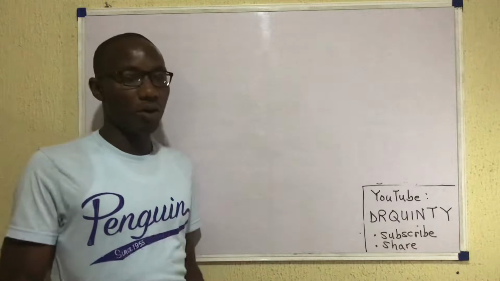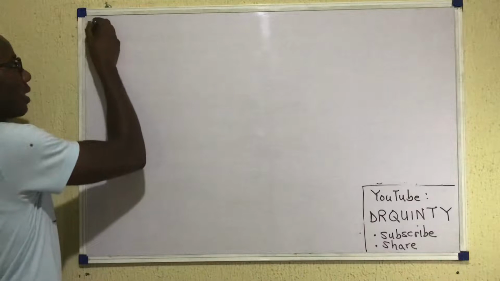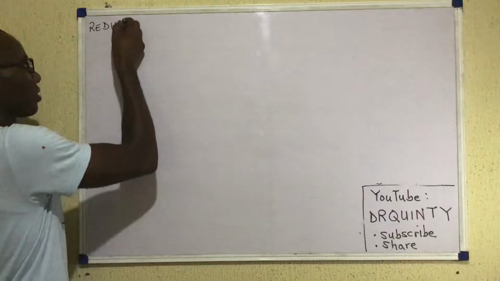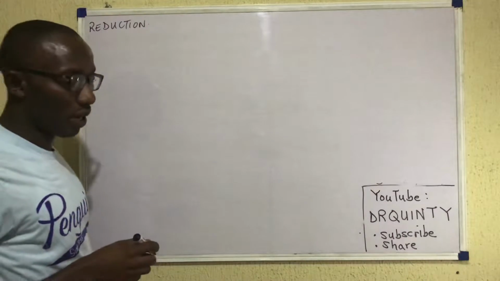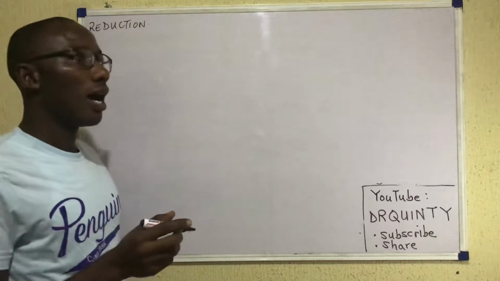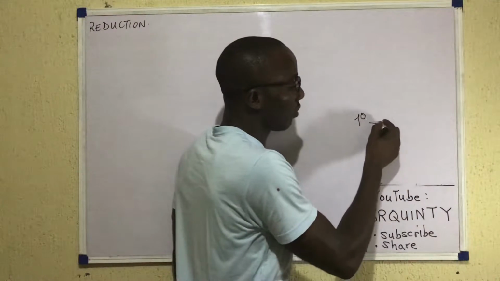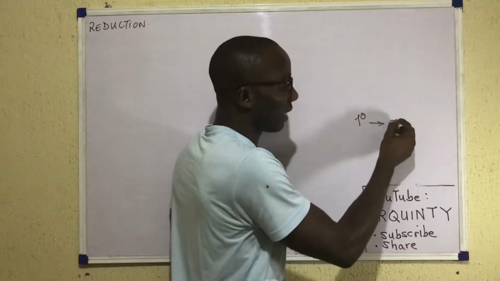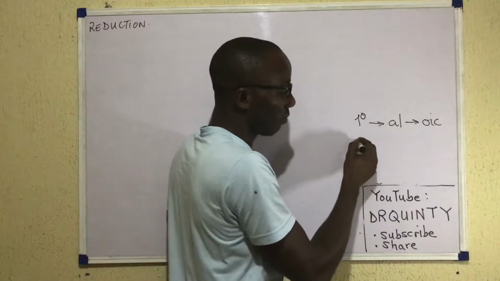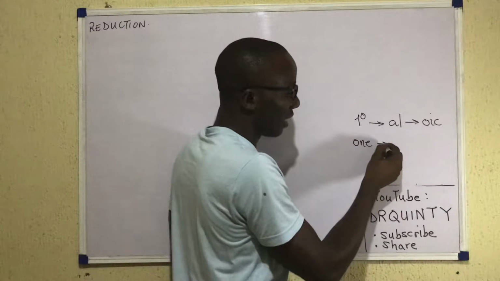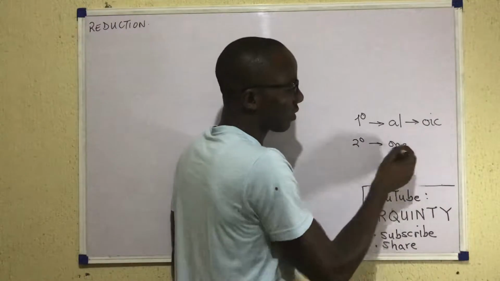So now I'll tell you about reduction of carbonyl compounds. What do we get when carbonyl compounds are reduced? Well, there are various possible outcomes when you carry out this reaction. If you remember, we said before that when primary alcohols are oxidized, they become alkanals and then finally alkanoic acids, whereas when secondary alcohols are oxidized, they become alkanones.